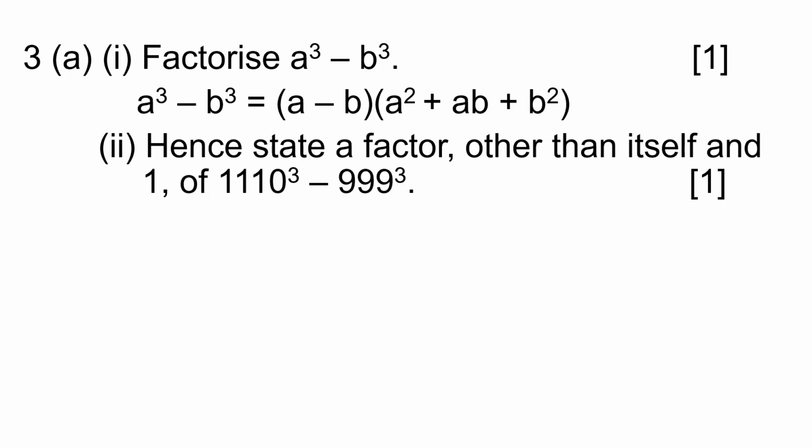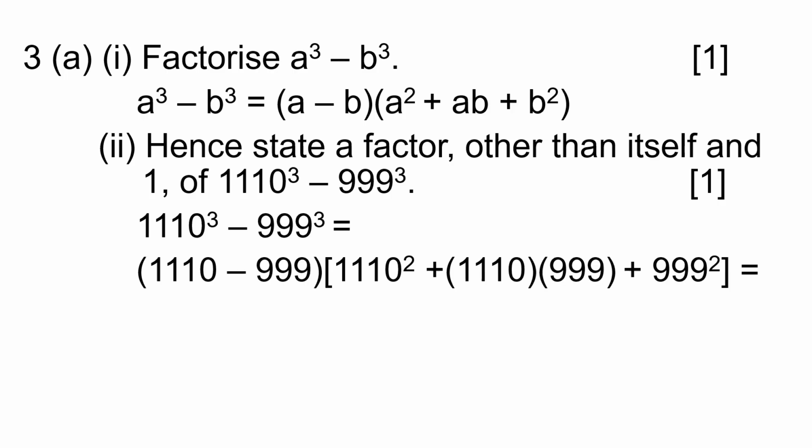Now, let's tackle part a2. Hence, state a factor, other than itself and 1, of 1110 cubed minus 999 cubed. 1 mark. The keyword here is hence.